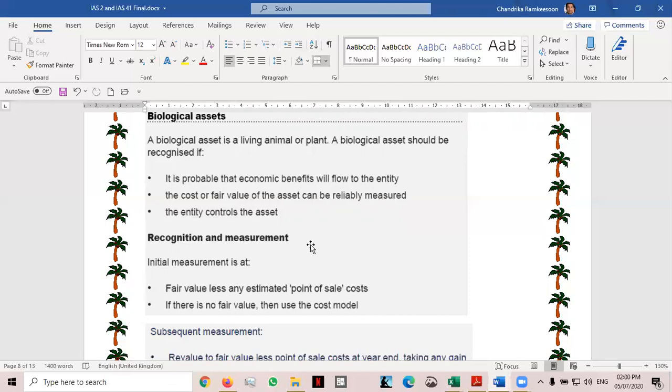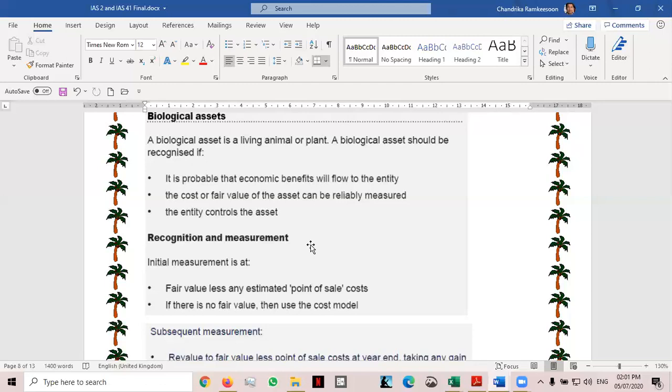Cost or fair value model then could be used. Remember, however, that subsequently, if the cost or the revaluation approach is used, the same approach must be used for all similar type assets.